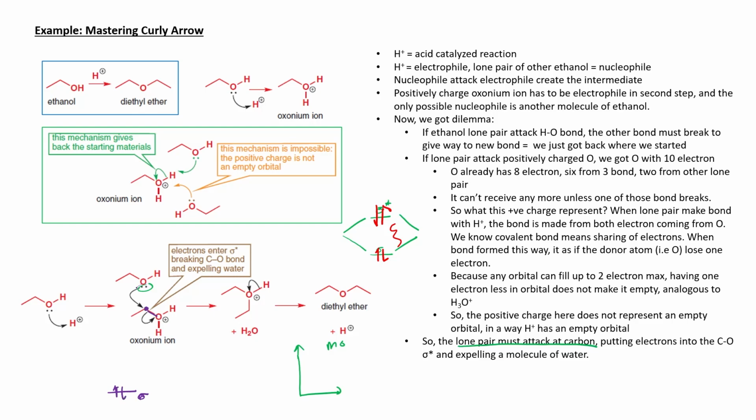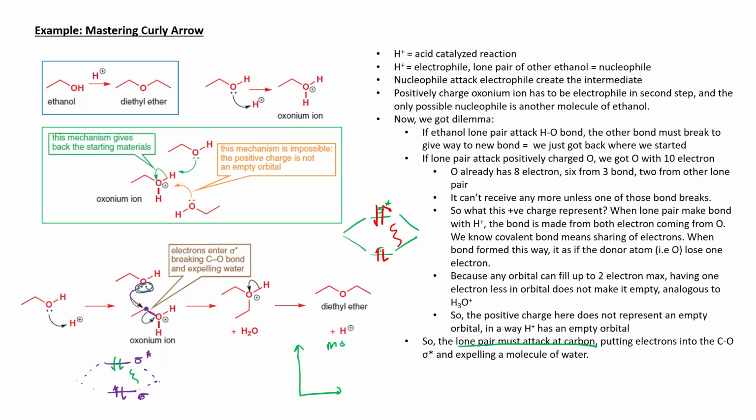When the nucleophile attacks this carbon, it can only fill up the anti-bonding part. So the electron here, the green one, goes here. So what will happen? It will break. That's why when you attack here, this thing will break.